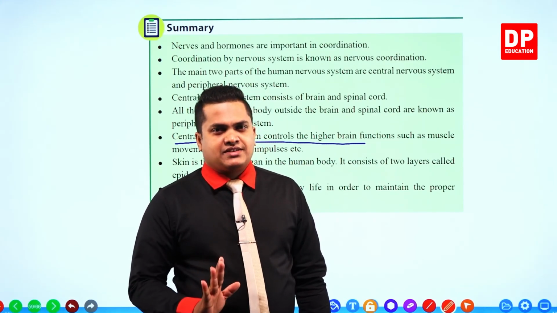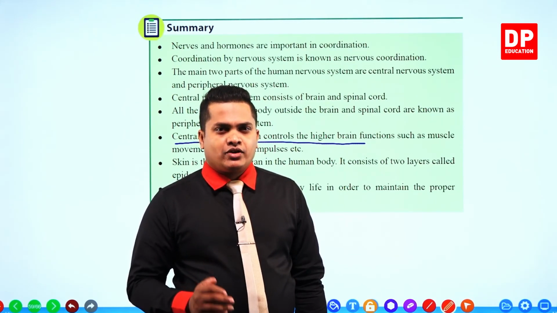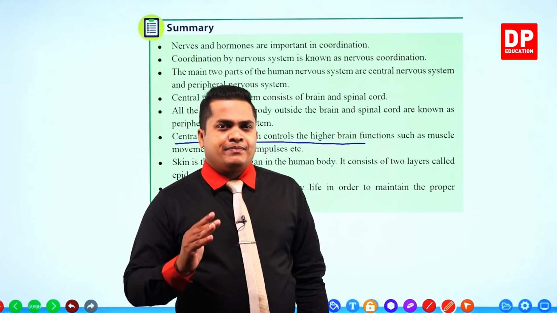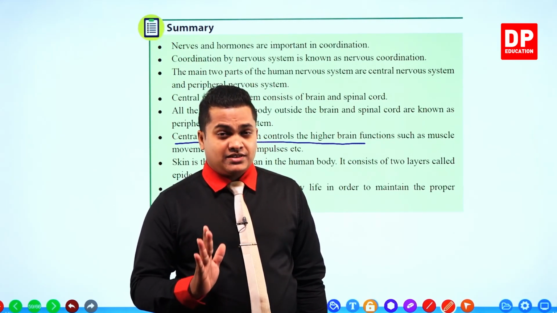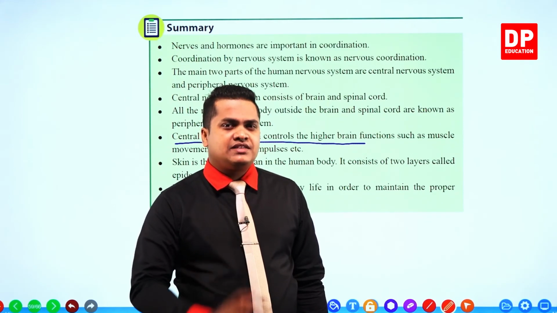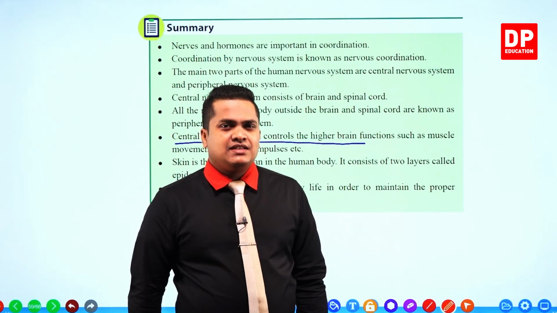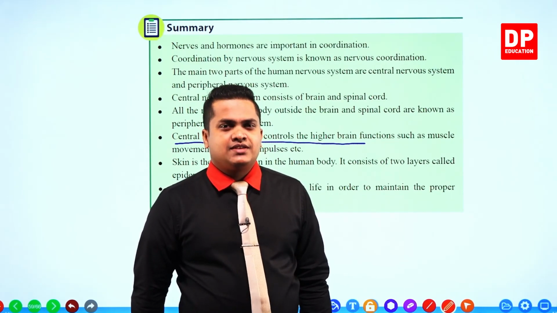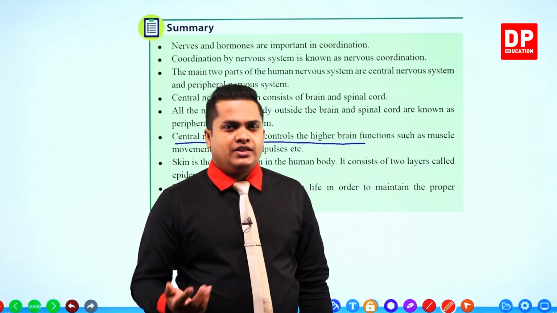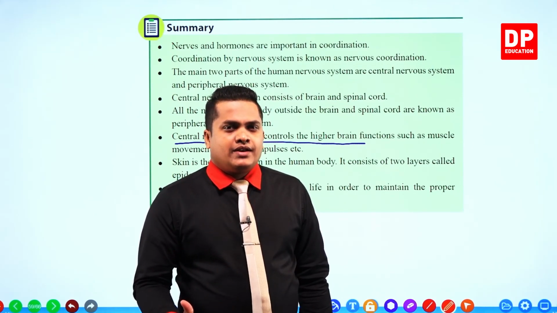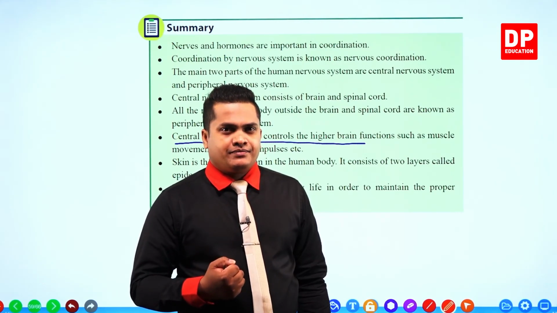Then we discussed the nervous system, nervous coordination, and endocrine coordination, and how a person reacts to the stimuli received from the environment, and how impulses are transmitted through the nerves to keep a good connection between the organs.